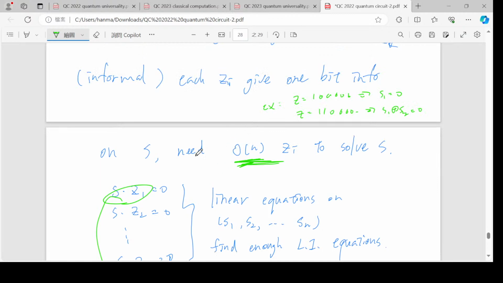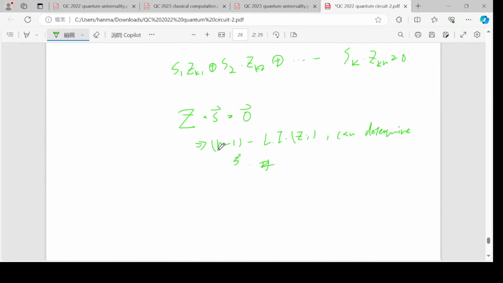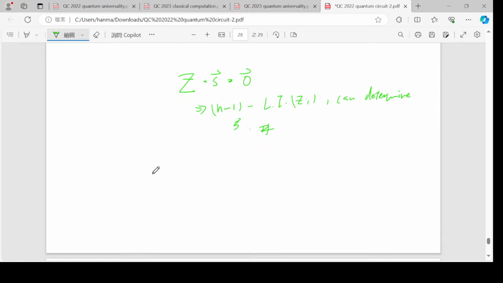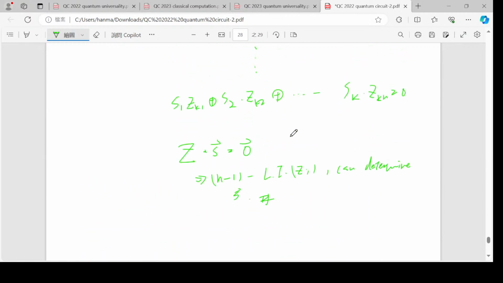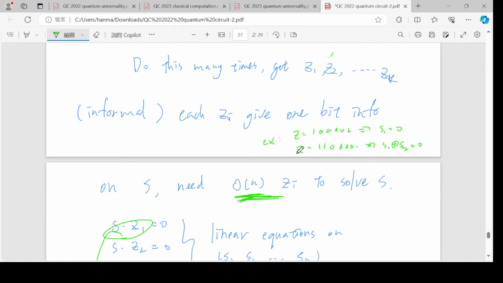If you draw something like 10n of them, you have very high probability to get all n minus 1 linearly independent z. We don't go into the detail of the probability, but that's the idea.